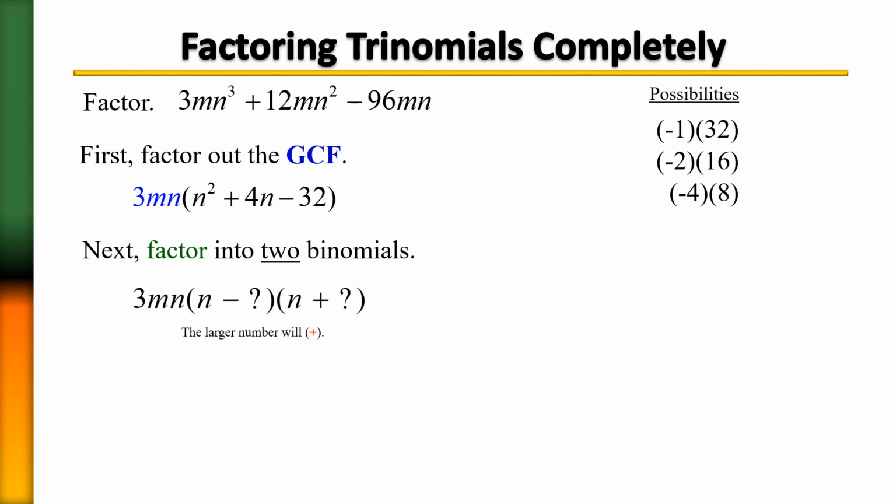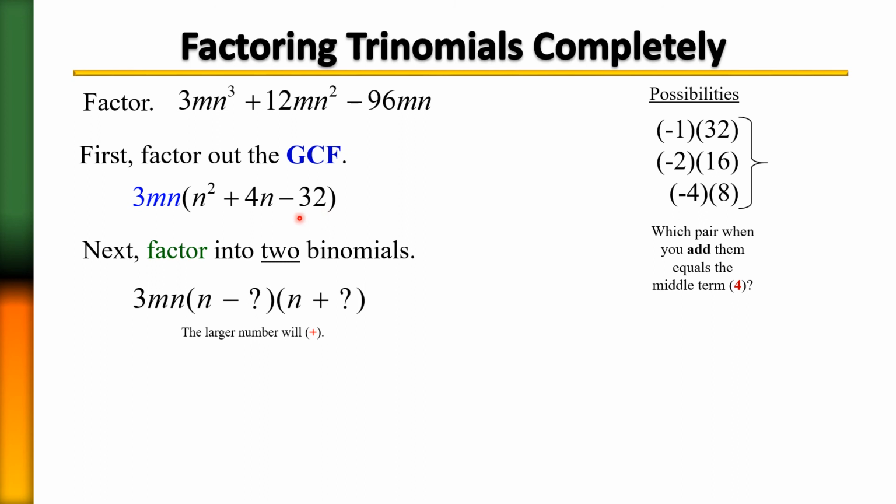But yes, mentally when you're solving these, you want to roll different possibilities in your mind. So since the last term is 32, you look for all the ways in which you can get 32, with the bigger number being the positive and the smaller one being the negative. And then, as I said before, it has to meet that criteria. You're looking for a pair of numbers that if you were to multiply them, they equal negative 32, your last term.